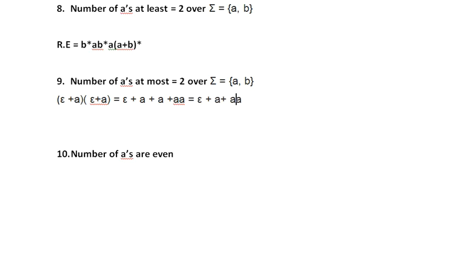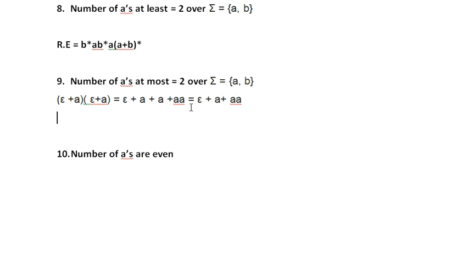This is the meaning. Now the expression is epsilon plus a plus aa. This means length equals 0, number of a's is 0, because we are talking about the number of a's. Number of a's is 1, number of a's is 2, correct?